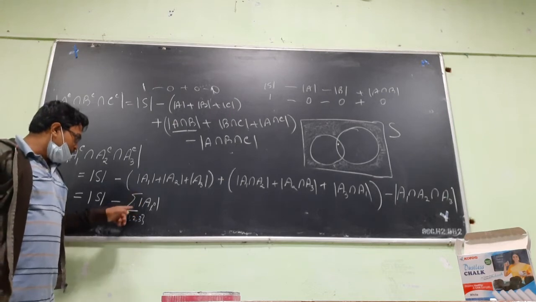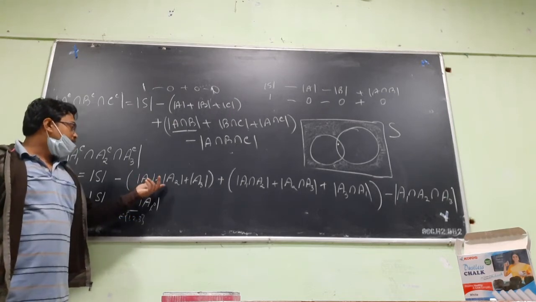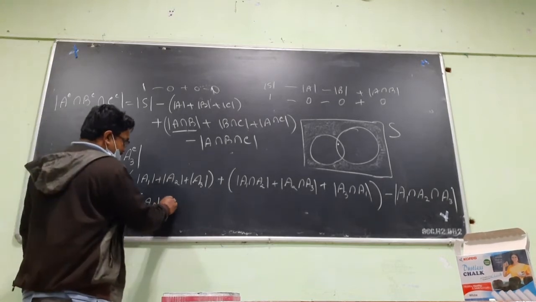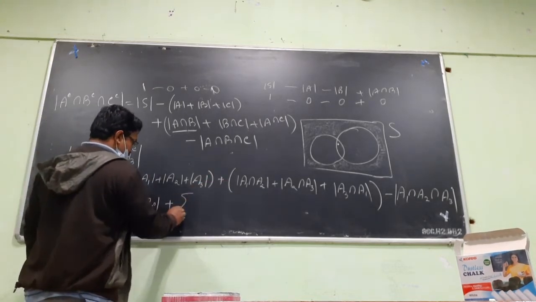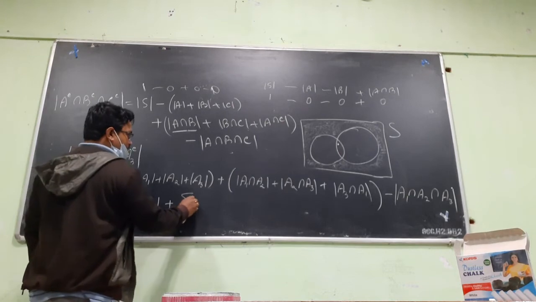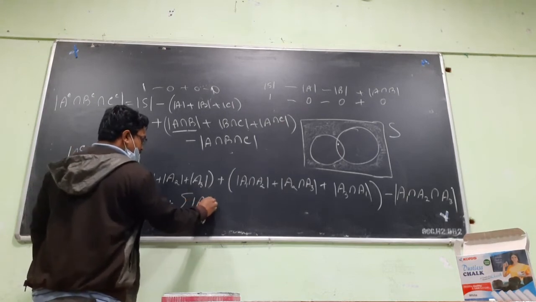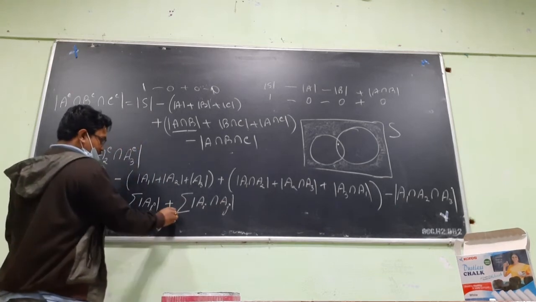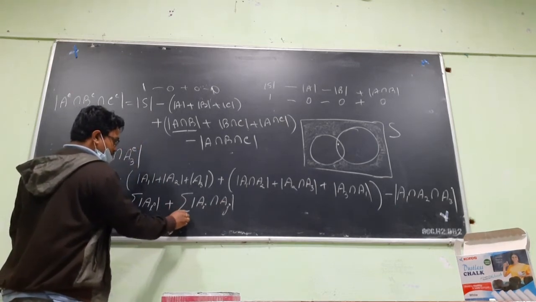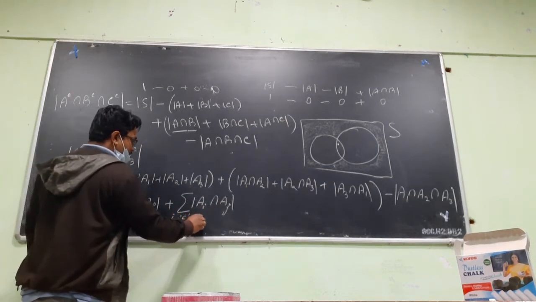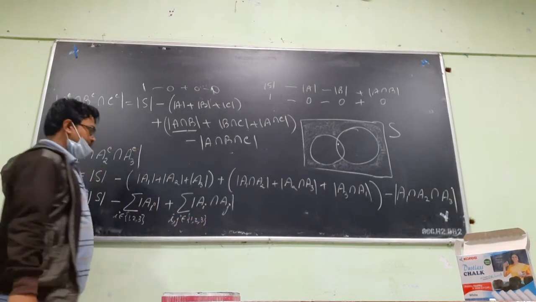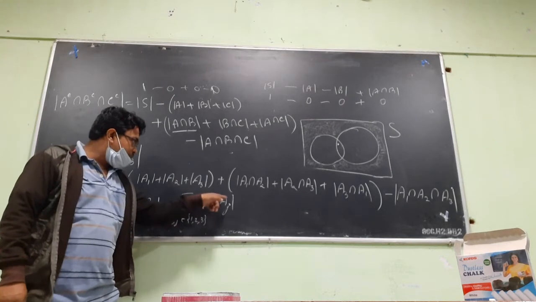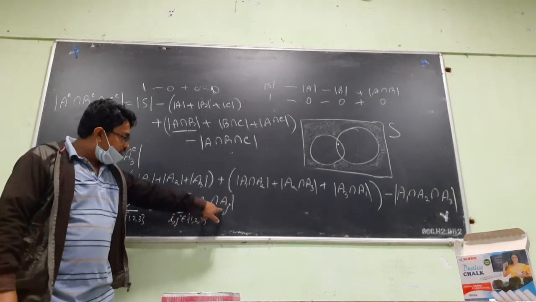So this is the sum of the given sets taken one at a time. Next, I can write this one as summation of mod of Ai intersection Aj, where i, j belong to 1, 2, 3. So it is the summation of intersections of the sets taken 2 at a time.